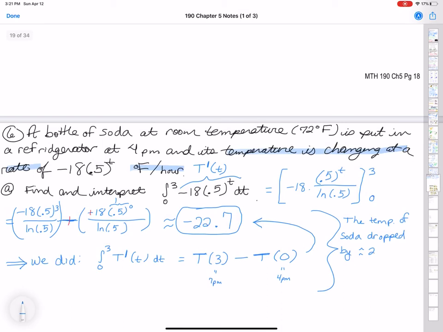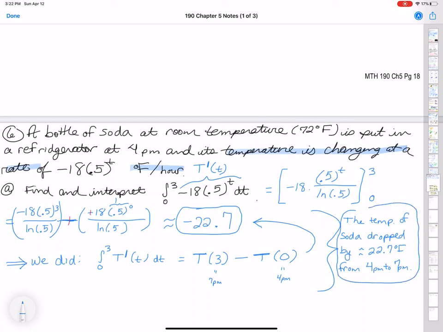I rounded to 22.7. So it dropped by approximately 22.7 degrees Fahrenheit from 4 p.m. to 7 p.m. So that's the interpretation.